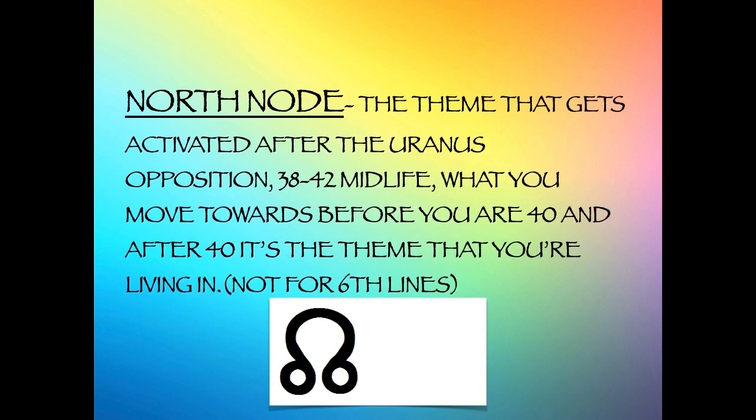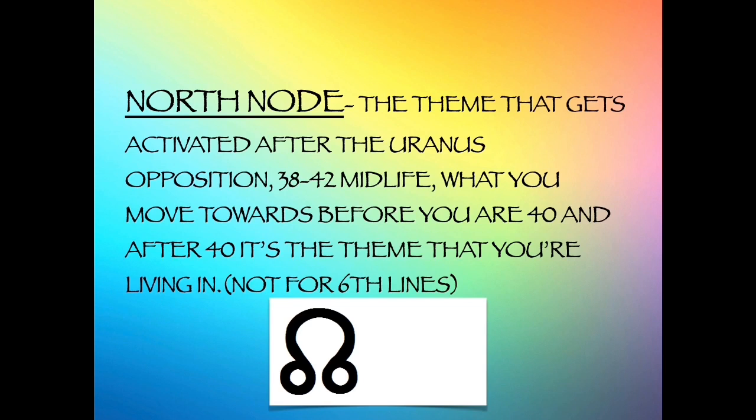The North Node is the theme that gets activated after our Uranus opposition. Everybody's is going to be a little bit different, but it's usually about 38 to 42 years of age, around there. And it's the theme of your life that you live out after your Uranus opposition. This is not as important for people who are sixth line, because Chiron is the stage where they change.